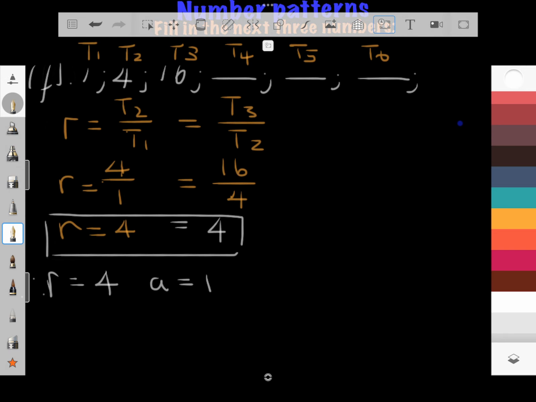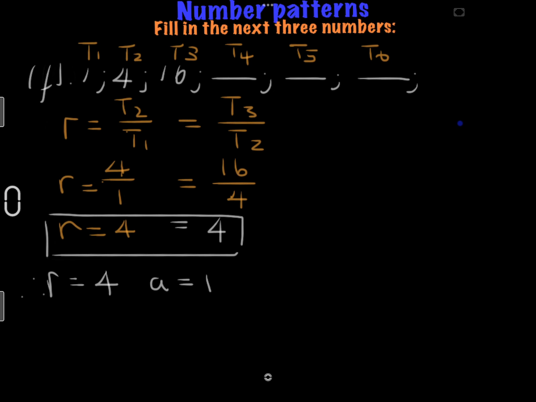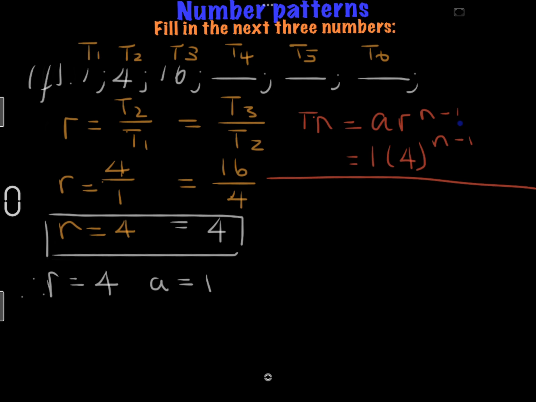Let's plug this into our equation. Tn is equal to A multiplied by R raised to the power of n minus 1. A, we found, was 1, multiplied by 4 raised to the power of n minus 1. We'll keep it as standard because we want to find term 4.